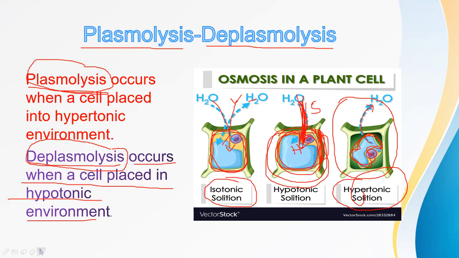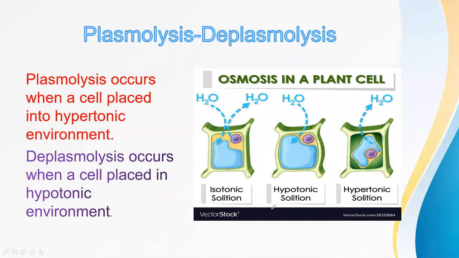When you put a cell in the hypotonic solution, meaning the solution concentration is lower than the concentration of the cytoplasm, according to osmosis, the water moves from low concentration to high concentration.